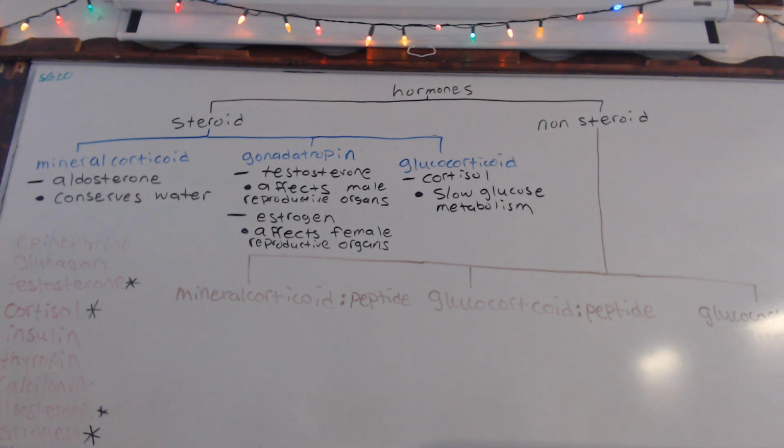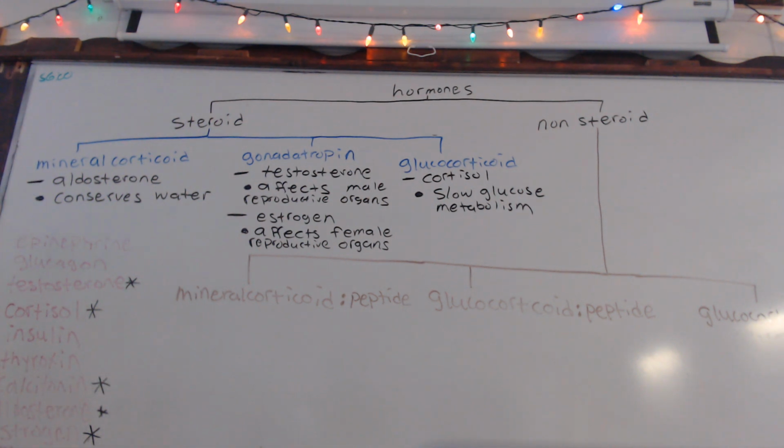Okay, so what is it that is possibly in mineralocorticoids? So if it's a mineral, okay, which one of these would you guess would affect minerals in the blood? Calcitonin is one, so we're going to talk about this one.